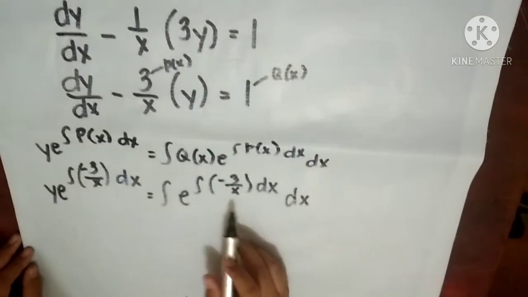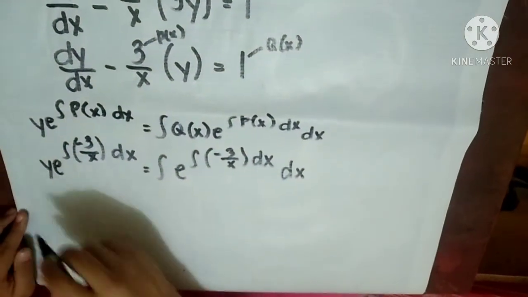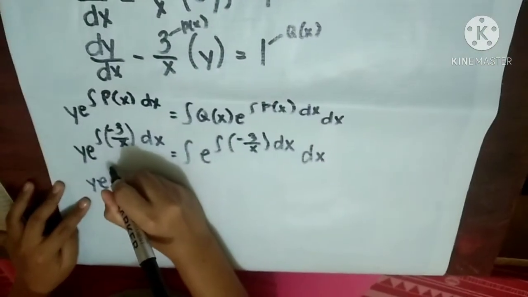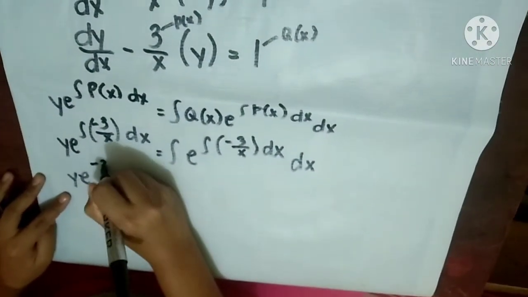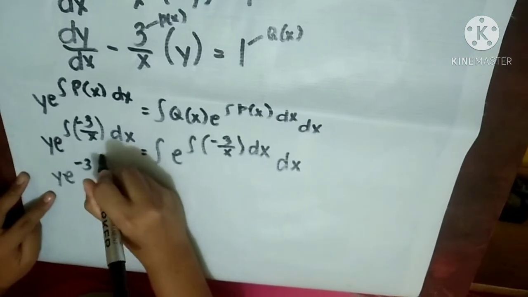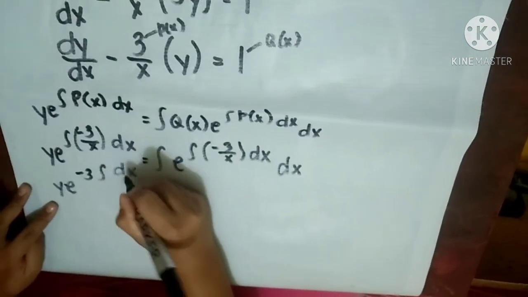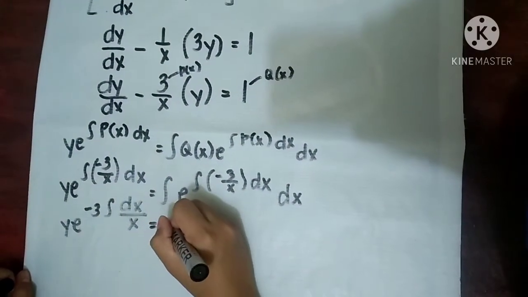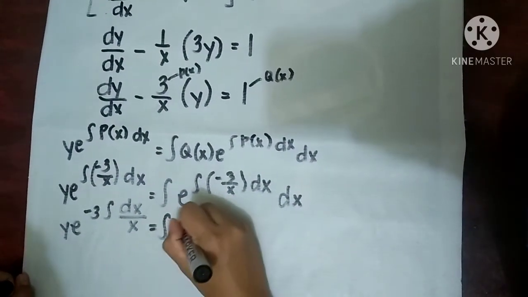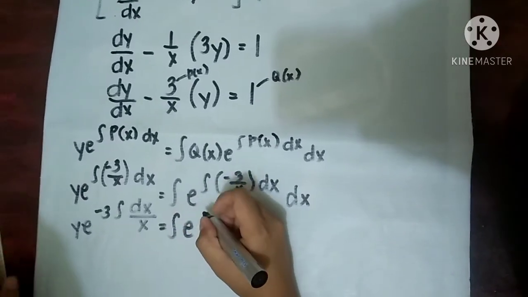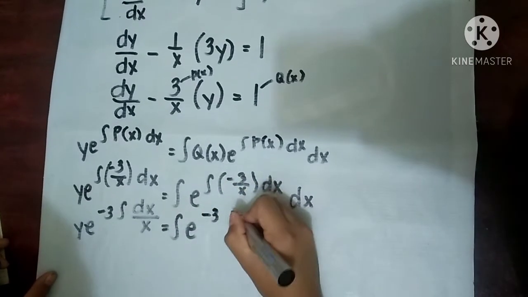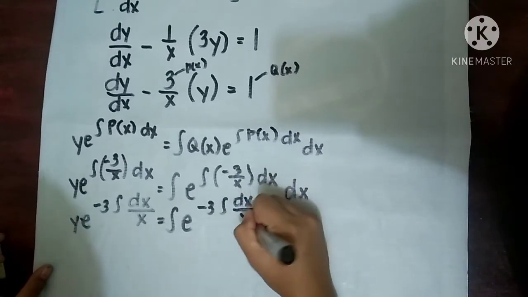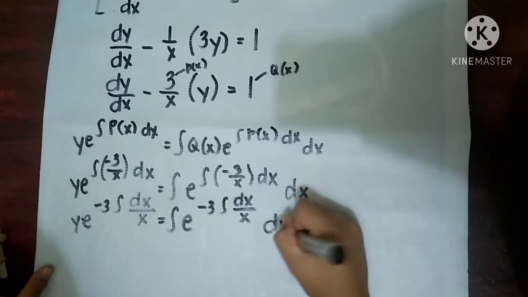We will now put the constant outside the integral sign. Then we will have y times e raised to the power of negative 3 integral of dx over x equals the integral of e raised to the power of negative 3 integral of dx over x dx.